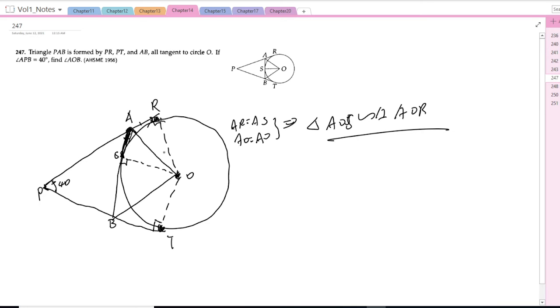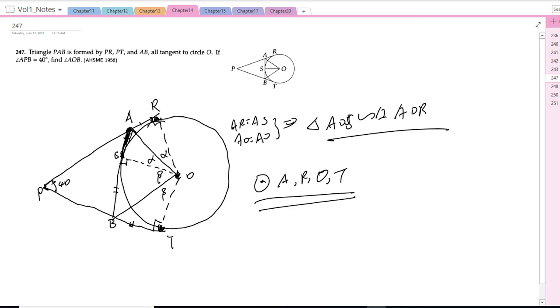Okay, so let's parameterize the angle as alpha, alpha. Similarly, triangle BSO is congruent to triangle BTO, okay? So this is beta and beta, because this side equals this side. Now we can see that the quadrilateral A, R, O, T is a cyclic quadrilateral, right?